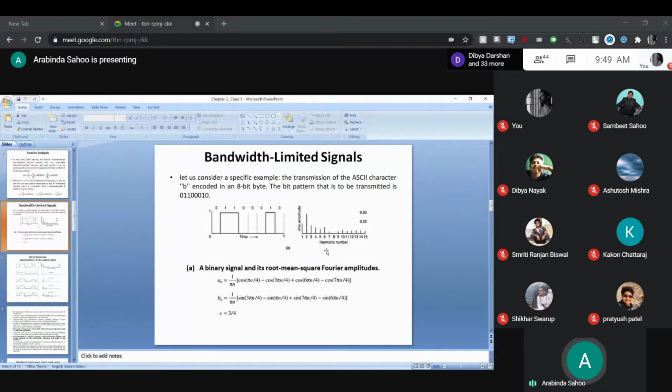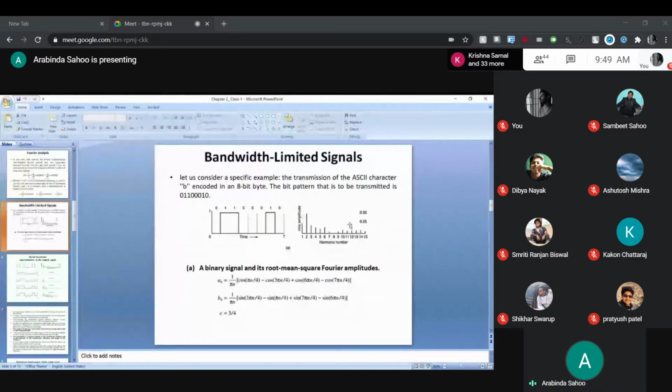So if any medium is able to pass the maximum number of harmonics, the quality of the cable, or transmission medium, is good. A good quality transmission medium always passes the maximum number of harmonics.